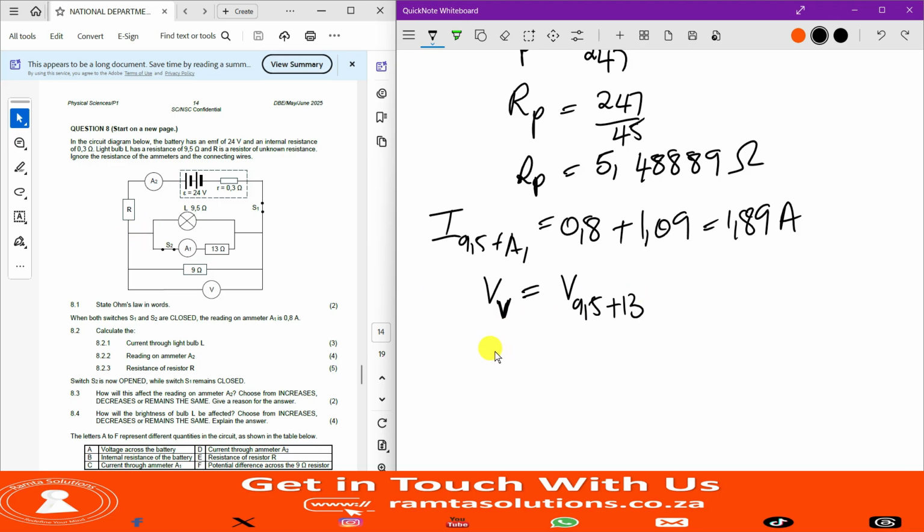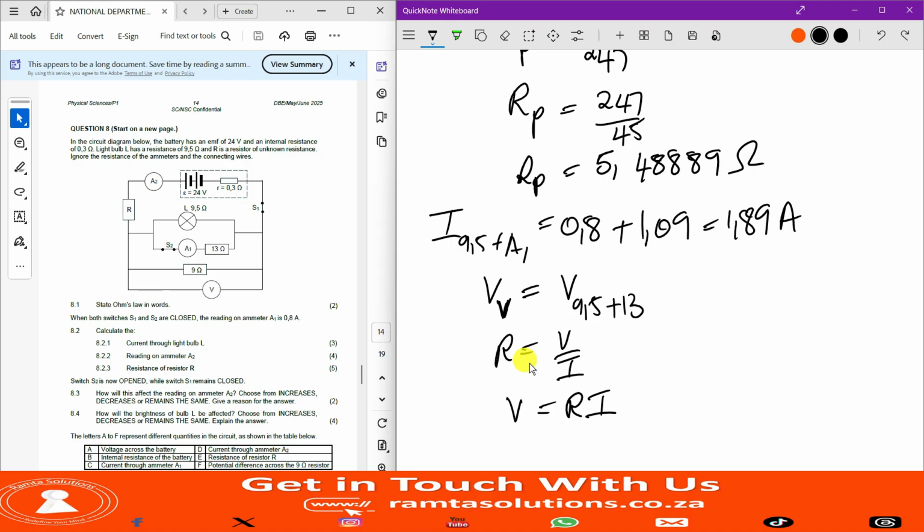Good thing we know the total current flowing here. So while we are on it, what we know is R equals V over I, implying V equals R times I. So we are good to go. Remember, we are looking for the current flowing on ammeter A2.